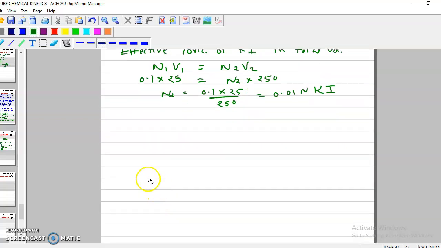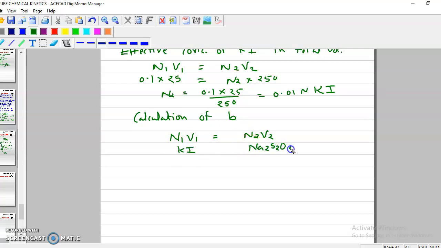Now we have to find out B, small b. So for calculation of small b, we again write N1V1 is equal to N2V2. Here N1V1 is for KI and N2V2 is for Na2S2O3. The effective concentration of KI is 0.01 normal.